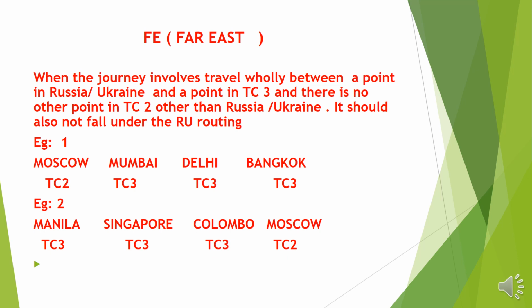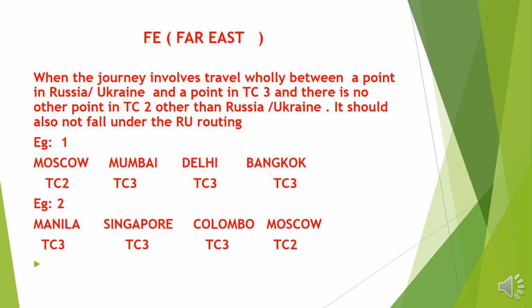So similarly, when you talk about the Far East, there is no need to have Japan, Korea on the journey, but all the cities after Russia or Ukraine should be completely in TC3. There should not be any city in TC2. Everything should be in TC3.